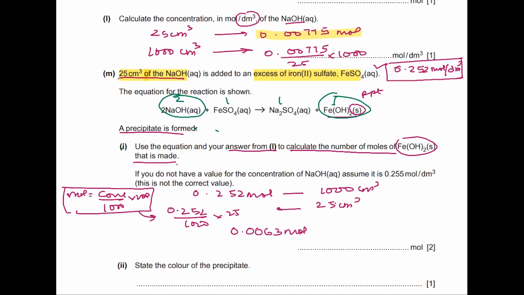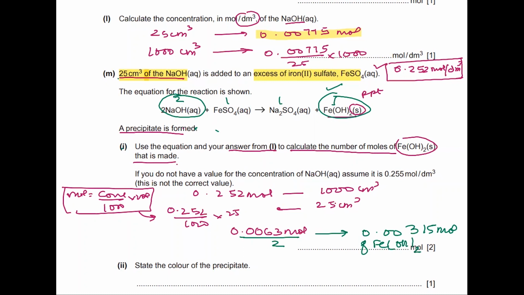So 25 cm cube of NaOH is 0.0063, and half of this will be the moles for Fe(OH)2, which is 0.00315. So these are the moles of iron 2 hydroxide.